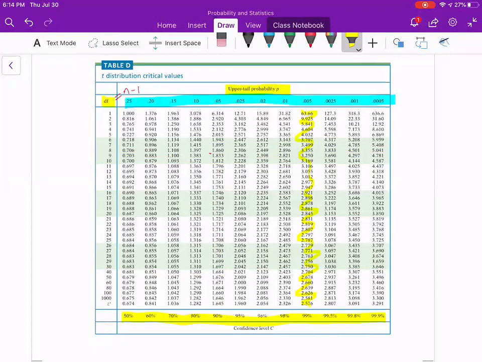So it's that column. And with 30 subjects, degrees of freedom is going to be 1 less, which is 29. So I'm looking in this row, which the intersection is at 2.756. So great job.